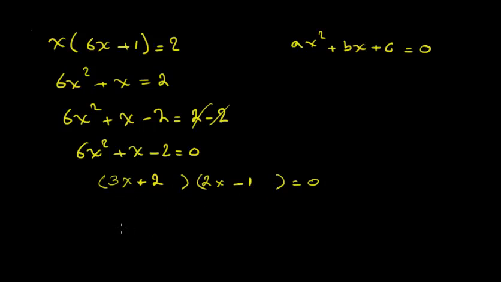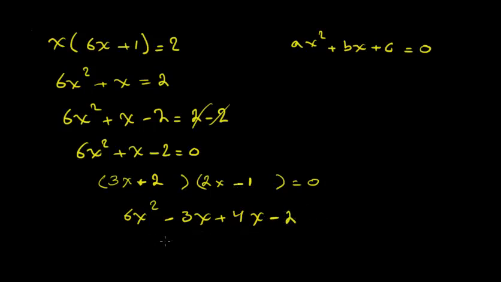3x times 2x is 6x squared. 3x times minus 1 is minus 3x. Then 2 times 2x is positive 4x. And 2 times 1, with the signs negative and positive, will give us minus 2.